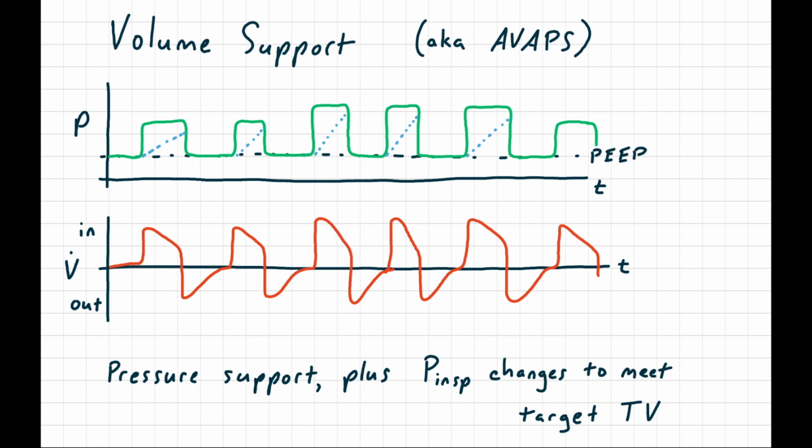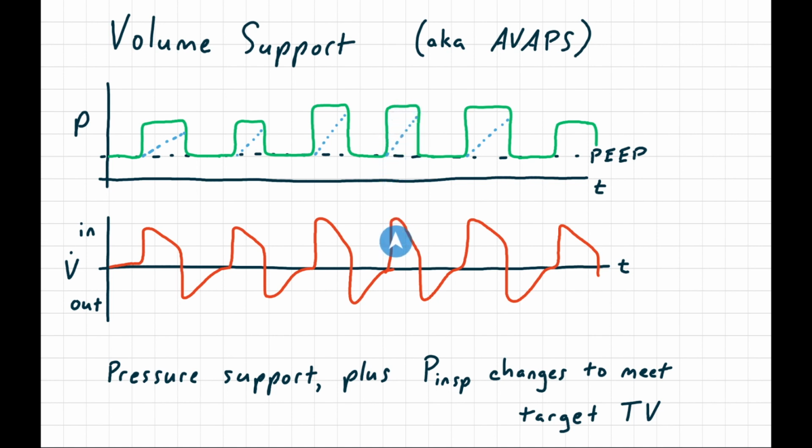So, for example, on this first breath, the ventilator looks at the tidal volume and says, yes, that looks like what the operator set. On the next breath, compliance is decreased, so the ventilator sees the resulting tidal volume and says, oh, that's a little low, I'd better increase my inspiratory pressure. On the next breath, the tidal volume is on target again, so the ventilator sees a good tidal volume and keeps the inspiratory pressure the same.